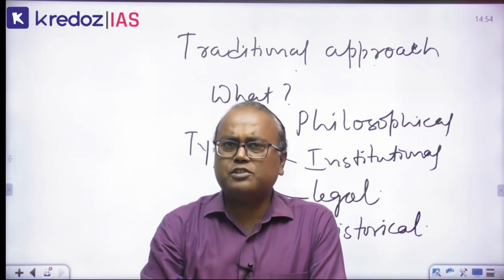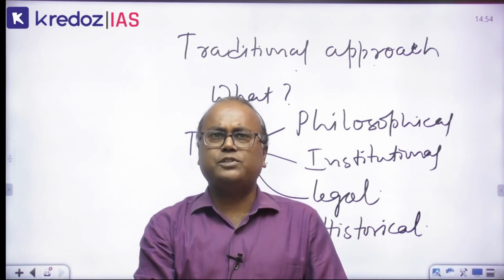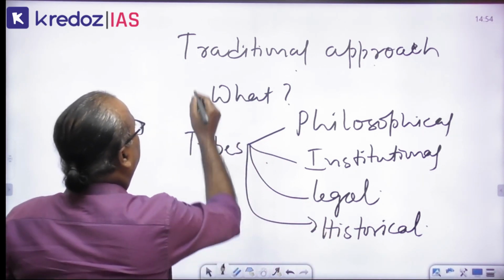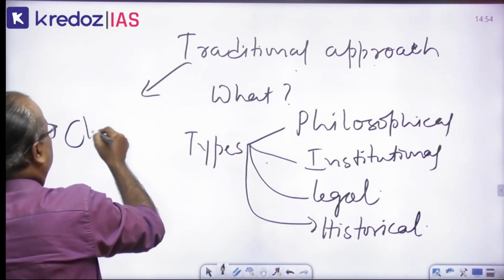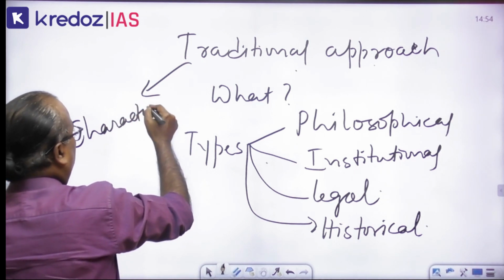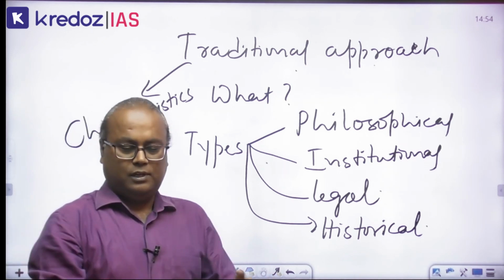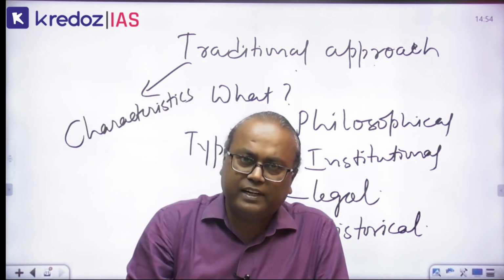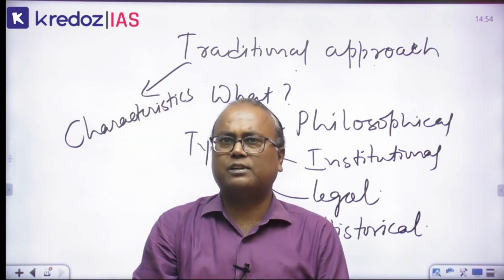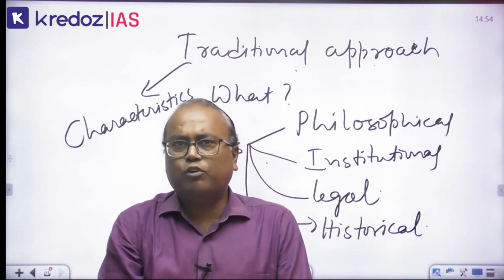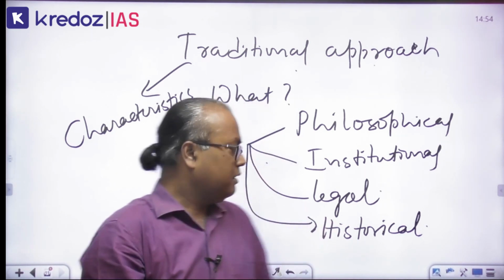Once you understand all these approaches, then you have to understand the characteristics of the traditional approach. Now once we finish the traditional approach, then we will go for the modern approach.